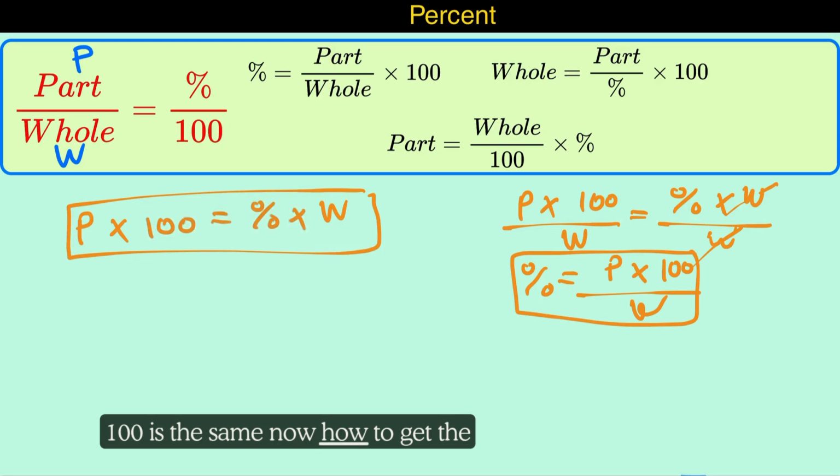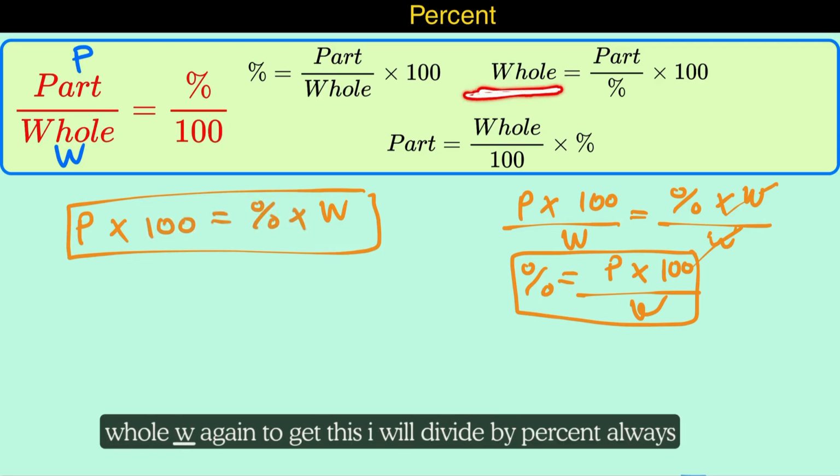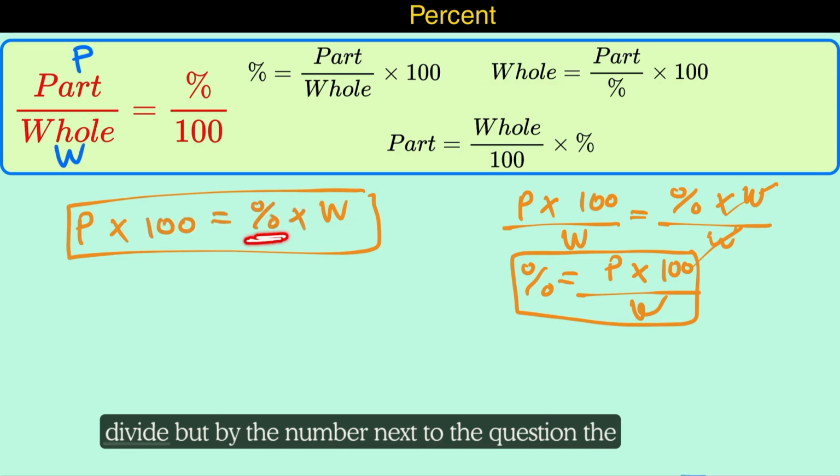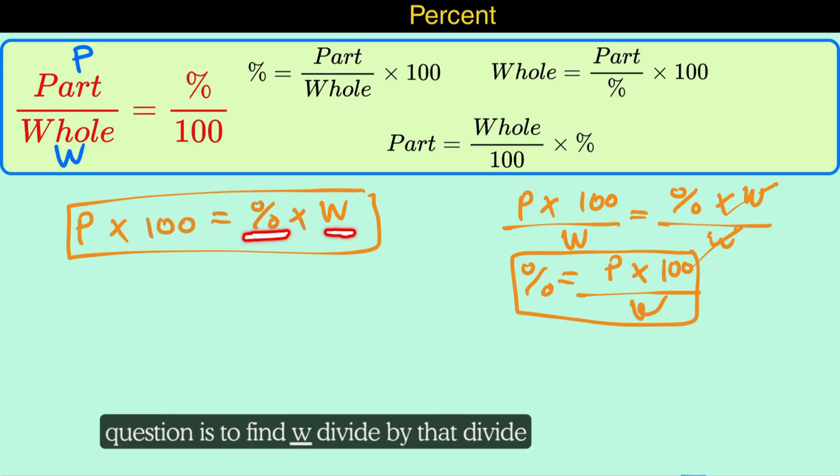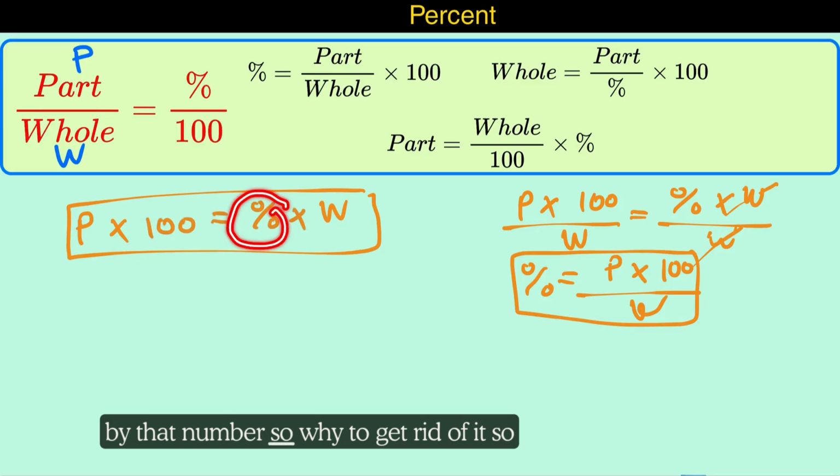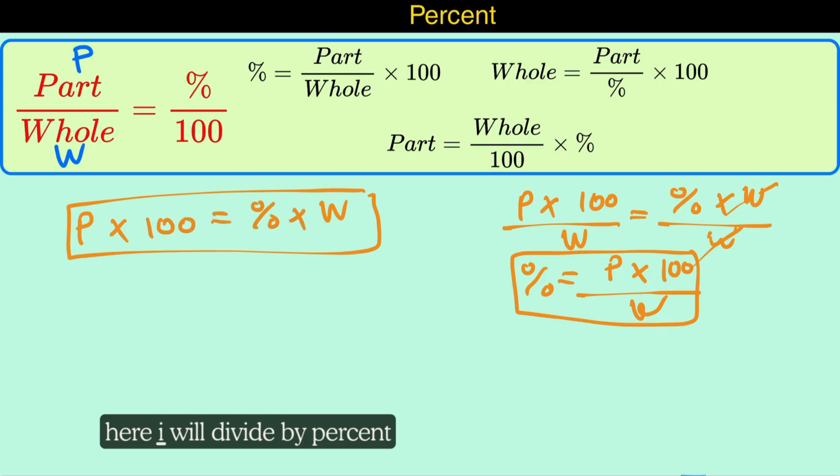Now, how to get the whole W? Again, to get this, I will divide by percent. Always divide by the number next to the question. The question is to find W, divide by that number. So why? To get rid of it. So here, I will divide by percent.